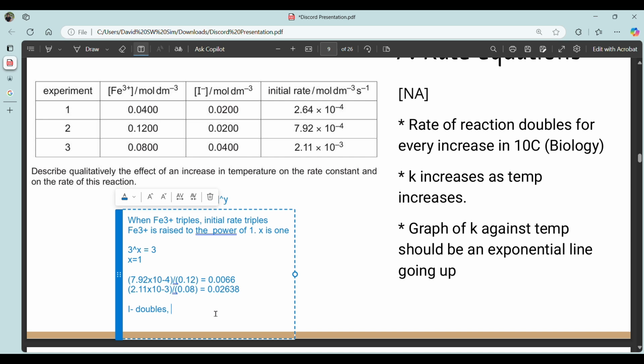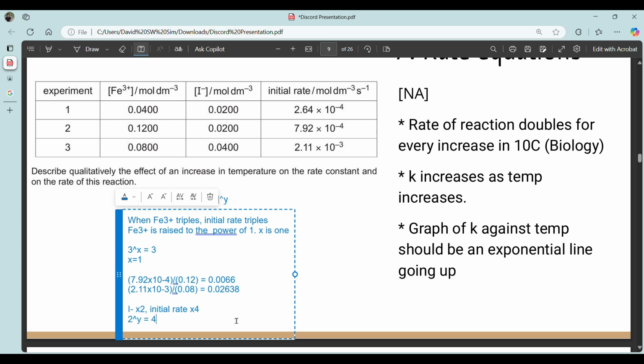When iodide doubles, the initial rate quadruples, increasing by 4 times. So 2 to the power of y equals 4.